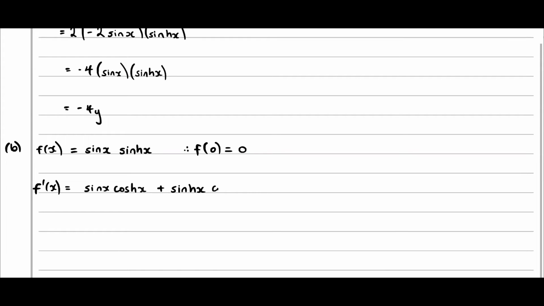And if we find out the value of f dash of 0, we have 0 plus 0, which is 0. For the second derivative, we found that to be 2 cos x multiplied by cos x. And if we work out the second derivative at the point x equals 0, we have 2 times by 1 times by 1, which is 2. This is our first non-zero term.